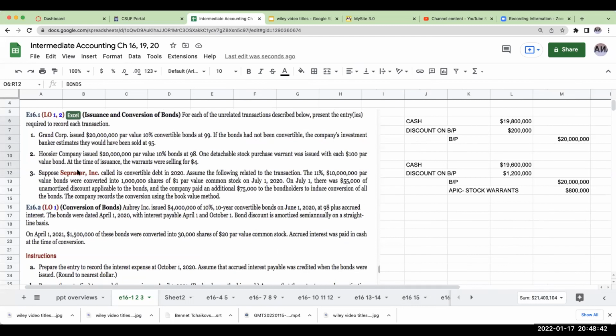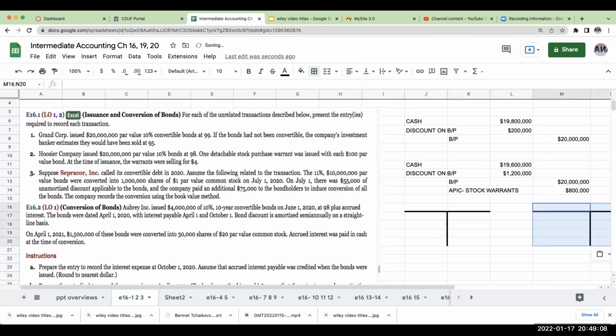On July 1st, there was 55,000 of unamortized discount applicable to the bonds. In addition, the company paid 75,000 to bondholders to induce conversion of all the bonds.